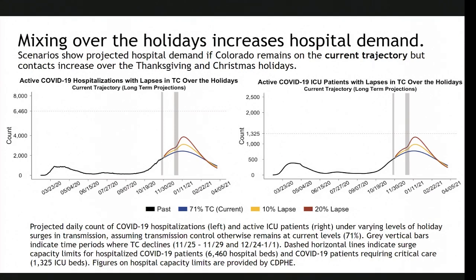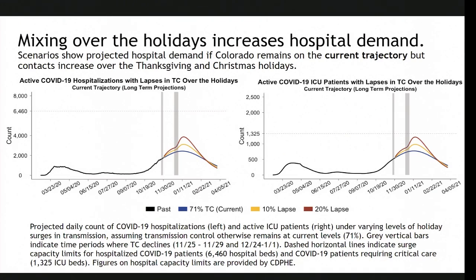What we're saying here is what could happen if there was a lapse in the transmission control of either 10%, that's the orange line, or of 20%, the darker line. So if we're on the current trajectory and we had a lapse at Thanksgiving of either 10% or 20%, and a lapse at the Christmas, New Year's holidays of 10 or 20%, what would happen?